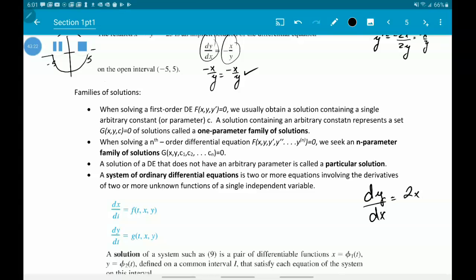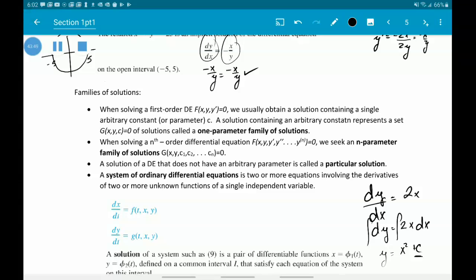So if we had something like this, then we could integrate both sides. Really what you're doing is getting all the y stuff on one side and all the x stuff on the other side, and then integrating. And you always had that plus c on the end. That plus c gives you this family of curves that satisfies this equation.